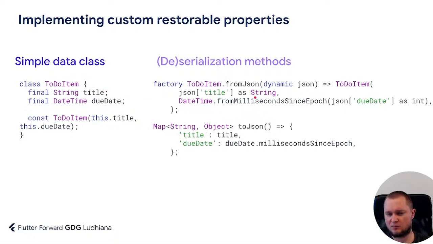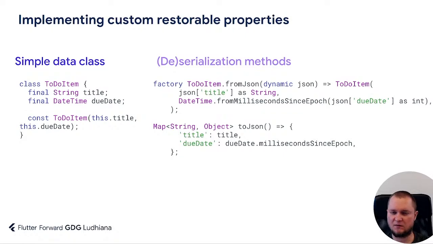Here we are using JSON, but it's not necessary. It can be any primitive type. Primitive, I mean, for example, string, double, int, null, list of those objects, everything like that is primitive.